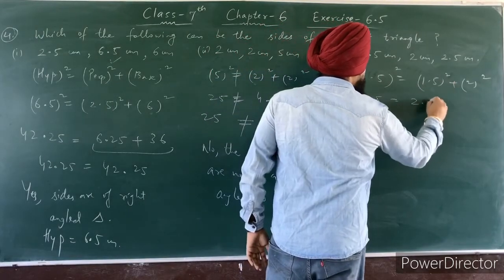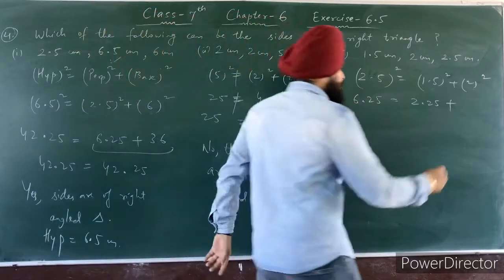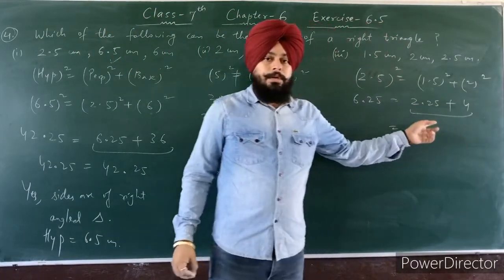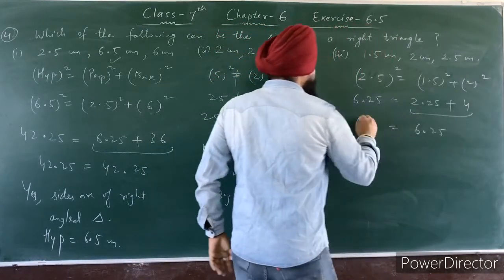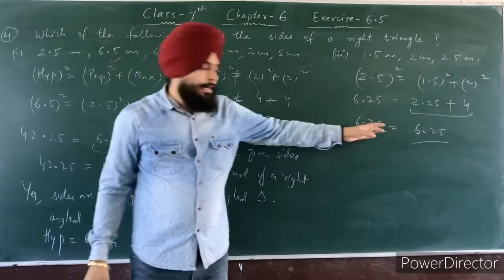1.5 square is 2.25 and 2 square is how much? It is 4. So now when you add 2.25 and 4, it is 6.25. So 6.25 is equal to 6.25. The values on the left hand side and right hand side are both the same.